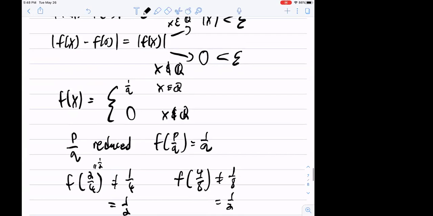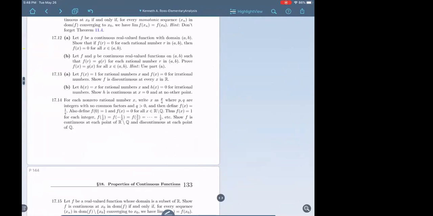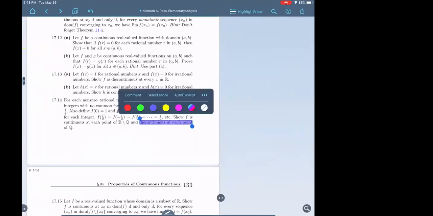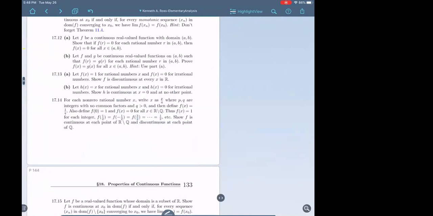So you should try this for practice, epsilon delta proofs. It's a bit harder, but the claim is that it's continuous on irrationals and discontinuous on rationals. Just do that for practice.